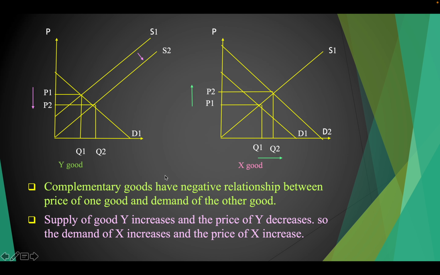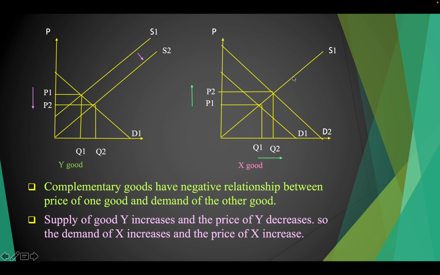As an example, consider a torch and a battery. This is a torch. Torch and battery are complementary goods. When the torch price decreases, you purchase more torches. As a result, to use the torches, you need more batteries. So you demand more batteries. That is why the demand curve shifts rightward.